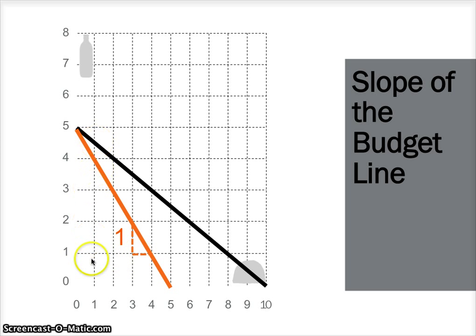The change in the vertical would have been 2 to 1, so it's a change of 1. The change in the horizontal would have been 3 patties to 4 patties, so it's a change of 1. So the slope of this new budget line is 1 divided by 1, which is 1. So as the budget line pivots, the slope changes.